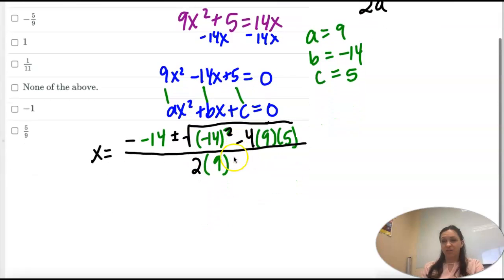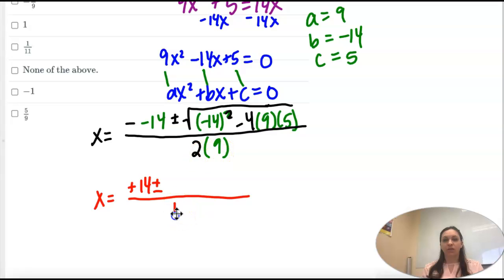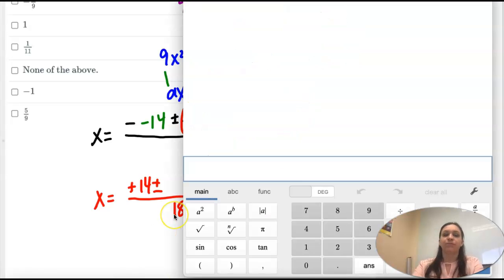So now we're going to simplify this a little bit. So we have positive 14 because negative is positive. And then the bottom is 2 times 9, which is 18. So I'm going to simplify just this section. I'm going to do that by putting it in a calculator.